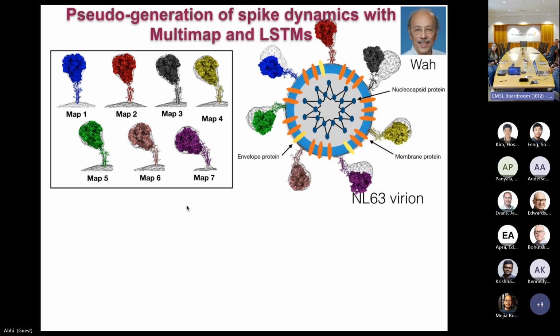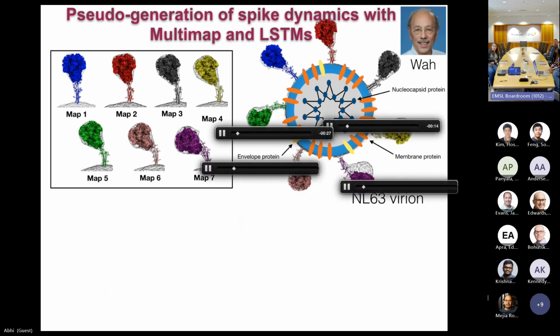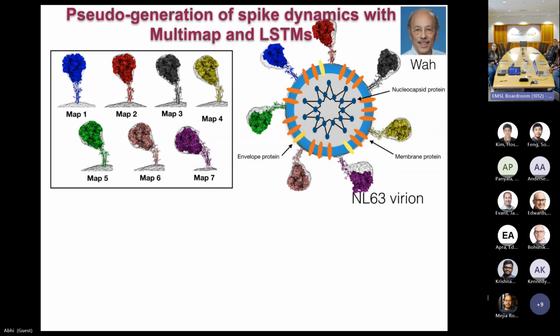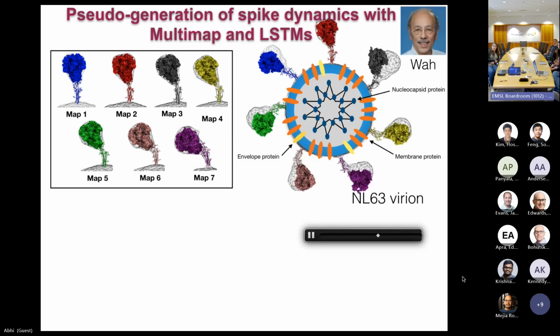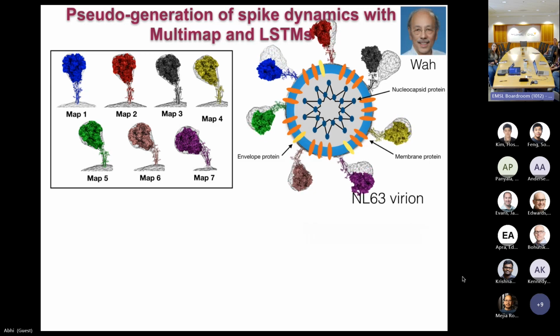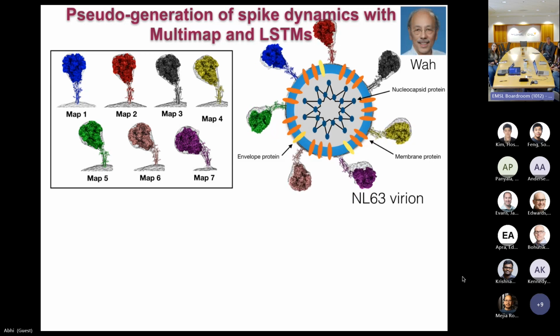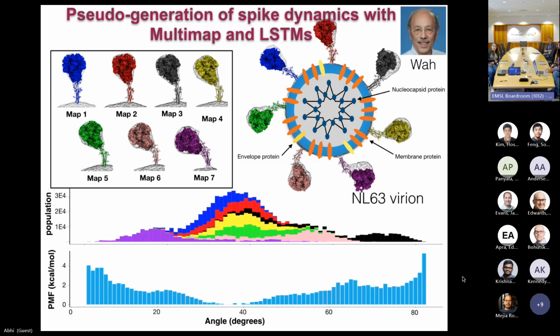So we got 7 different electron tomography maps, and we had to figure out an ensemble of dynamics. Each one of them is just 7 structures, but the entire NL63 virus capsid or protein has a huge range of dynamics, which actually has a population.